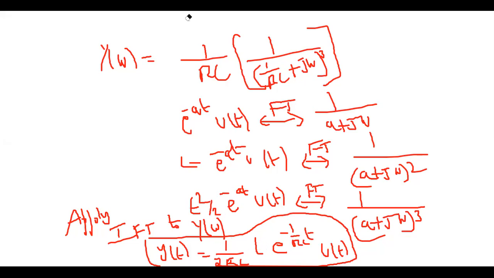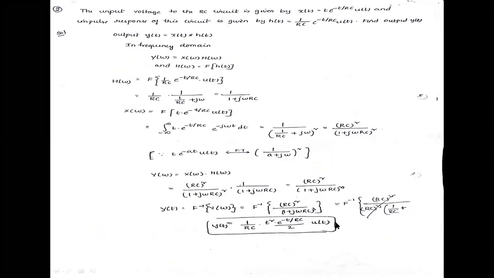It's a t square: 1 by rc t square by 2 e power minus 1 by rc into t mu of t. Okay, my dear students, this missing term you also have to note down.